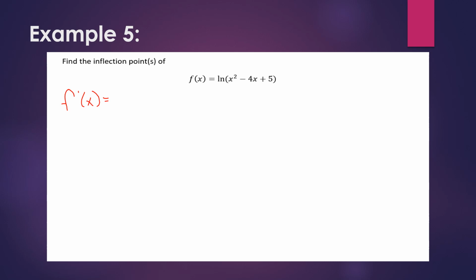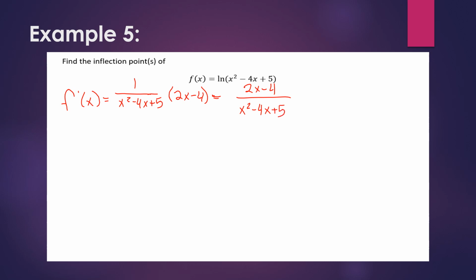So we're going to do 1 over x squared minus 4x plus 5 times the derivative of the inside, so that's 2x minus 4. So that gives us 2x minus 4 over x squared minus 4x plus 5.